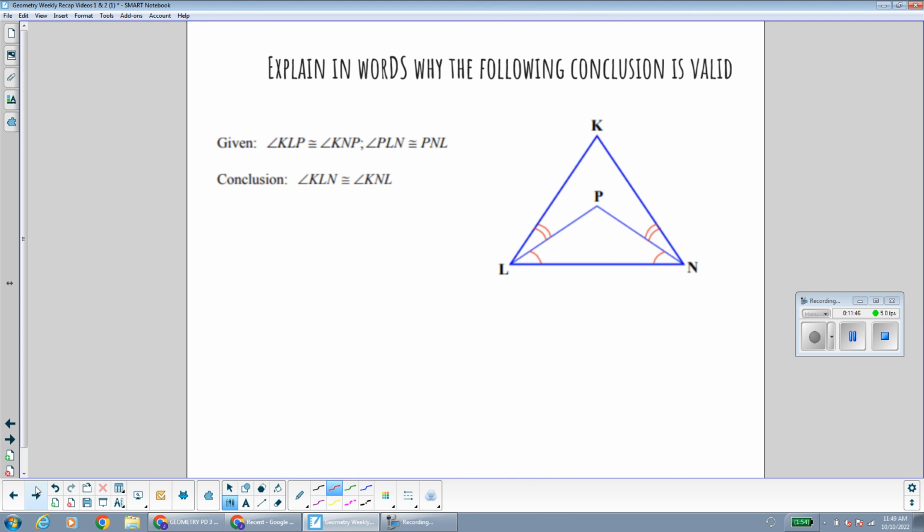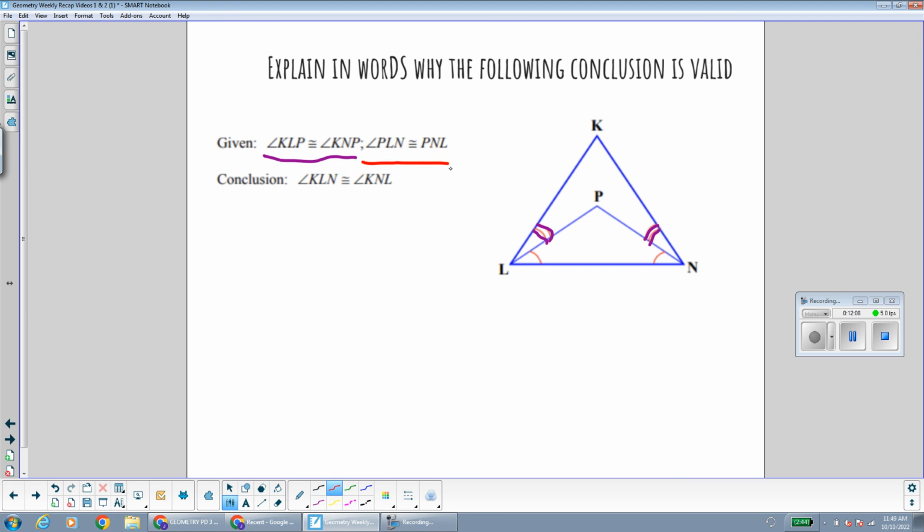Let's take a look at the given and the conclusion that we're trying to reach, and then we'll figure out how to explain why the conclusion is valid. We're given the angle KLP, so that's over here marked with the two congruence marks, is congruent to angle KNP. That's this angle here.